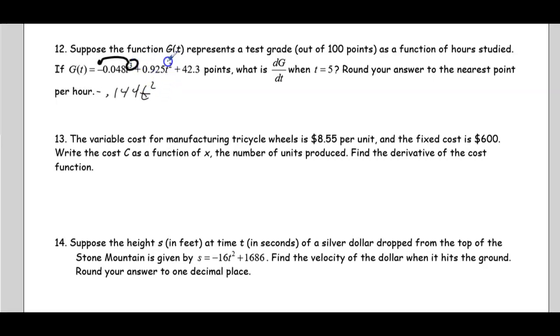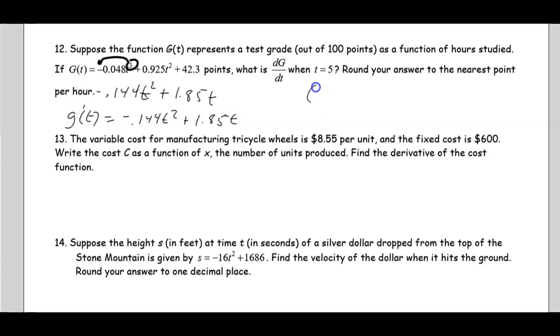And then right here we're going to multiply 2 times 0.925, which is going to give us 1.85 t to the first, and then that's a constant. So we have g prime of t equal to negative 0.144 t squared plus 1.85 t.